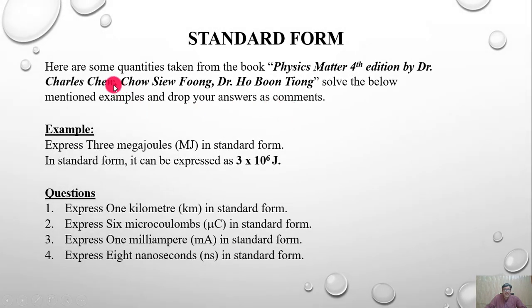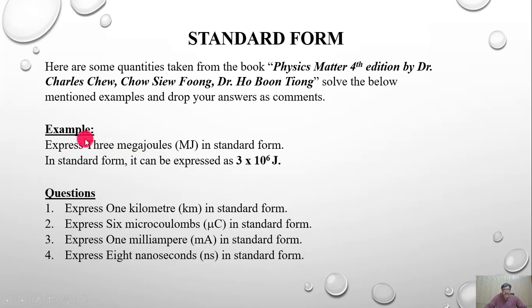So here are some quantities taken from a book, and here is the title, the edition is also mentioned, and the authors' names are also mentioned here, showing where these quantities are taken from. Here the questions are given to you. Solve the below mentioned examples and drop your answers as comments, or you can share your solved questions with me on my contact information.